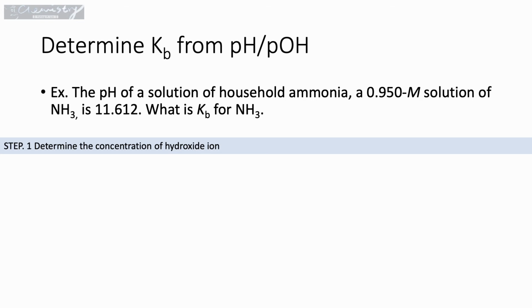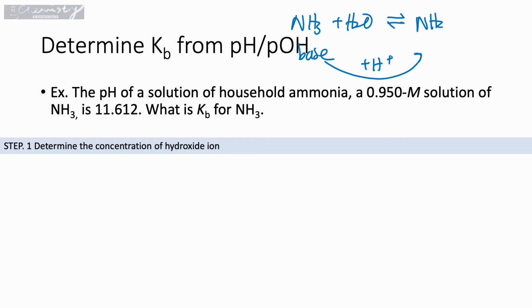By definition, it is the substance acting as a base, so ammonia acting as a base in water. Okay, I will write it up here. It is going to act as a base to gain a proton, and water will be acting as an acid to lose a proton. So this is the reaction that we're looking at.